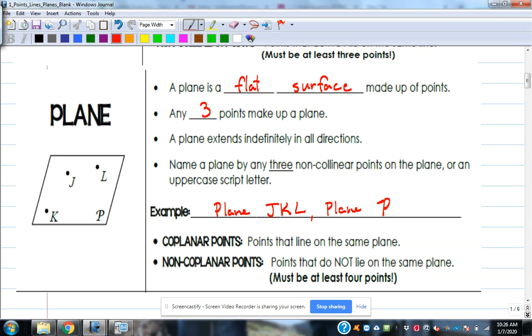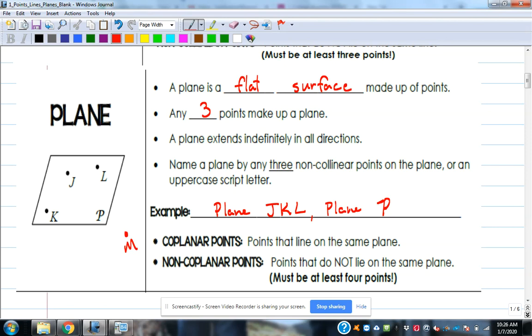And it kind of introduces that three-dimensional idea that if you've got a plane P here and you have a point that's not on that plane, somewhere else, it'd be off plane there. You might call that M. And then you would be able to say M, K, J, and L are non-coplanar because M is not on that plane. So if it's not in the box, we're saying it's not in that plane.